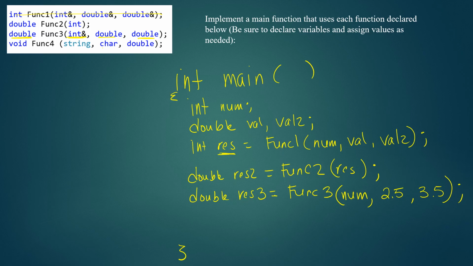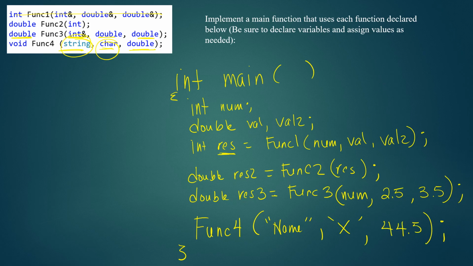All right, this character needs to be a value, this double needs to be a value, and this string needs to be a value. I'm out of space, so I'm going to call function 4. I'm going to pass a literal string for a string value, a literal character for a character value, and a literal double for a double value.